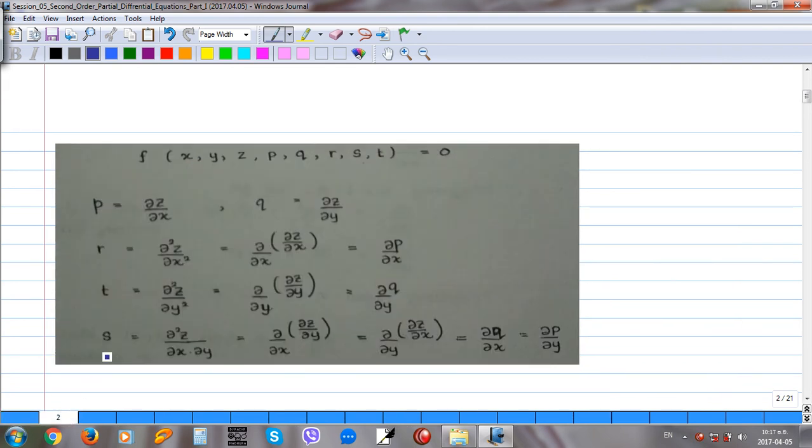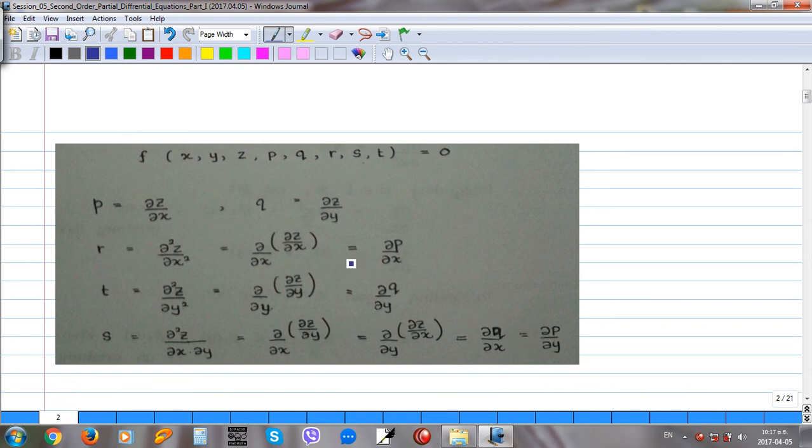So definitely you have to remember what is p, what is q, what is r, what is s, and what is t, and also the different forms of these: how to write r as the derivative of p, t as a derivative of q, and s as a derivative of q and also the derivative of p.